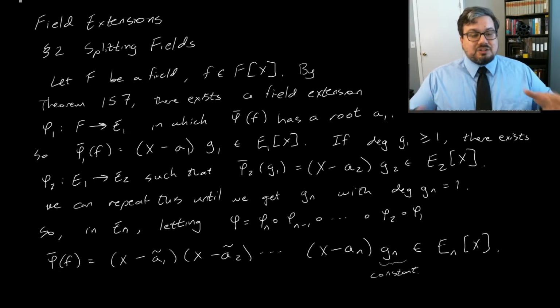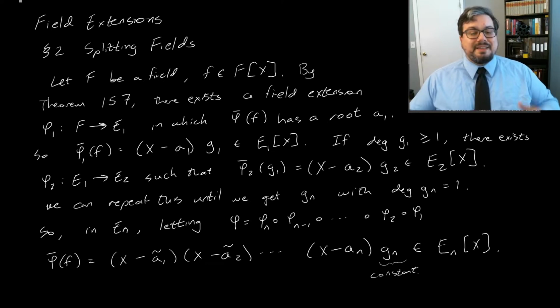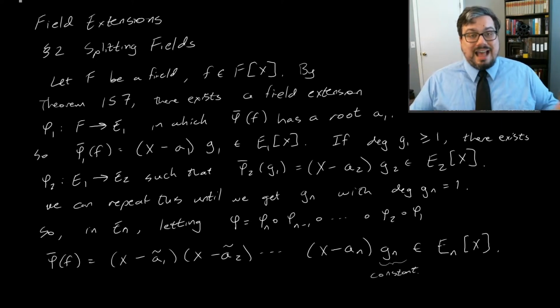So this proves, really, that given any non-constant polynomial over a field, there's some field extension where the polynomial doesn't just have a root, it has as many roots as possible, where it factors completely into linear factors.